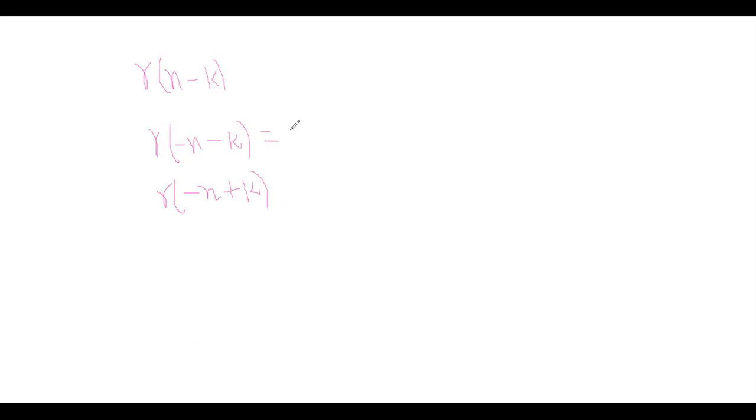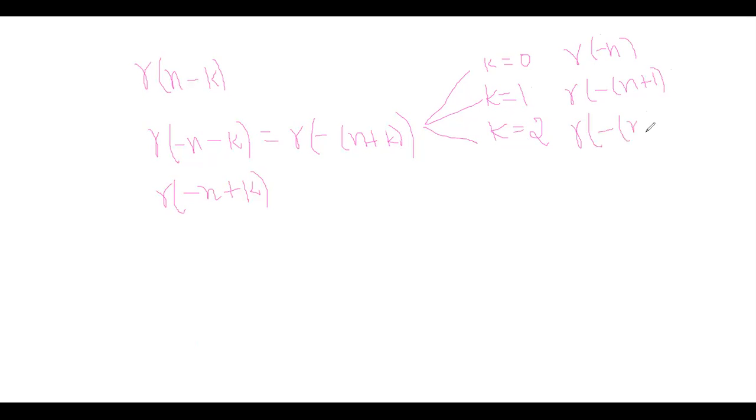We see in this one, R of minus n plus k, we already completed k is equal to 1 and k is equal to 2, or k is equal to 0 also. At k is equal to 0 we get R of minus n, this one. And k is equal to 1 means R of minus n plus 1. And k is equal to 2, this function is R of minus n plus 2.